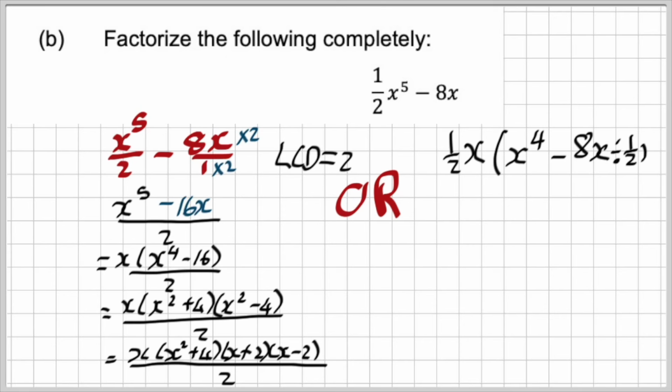So I'm going to have to divide by a half x. Please be careful. First of all, the x's are going to divide away, which is fine. This leaves me with a half x times x to the 4 minus 8 divided by a half.